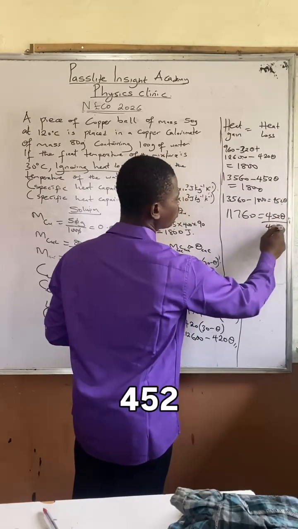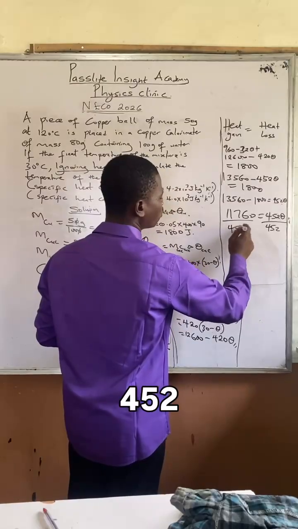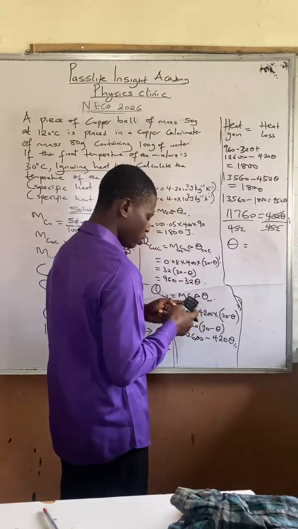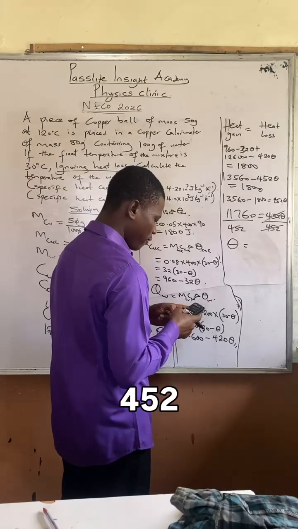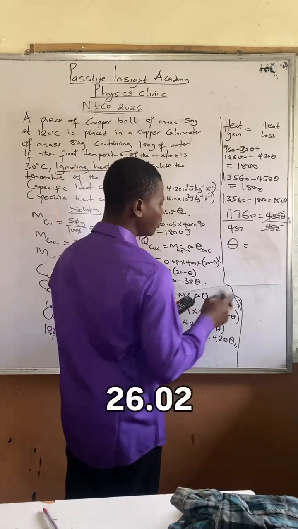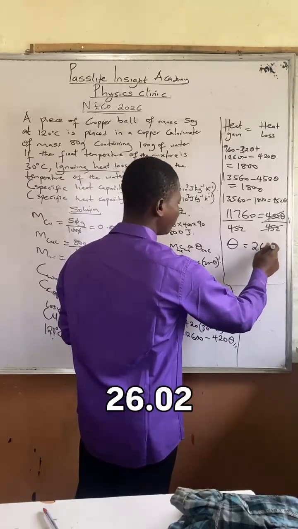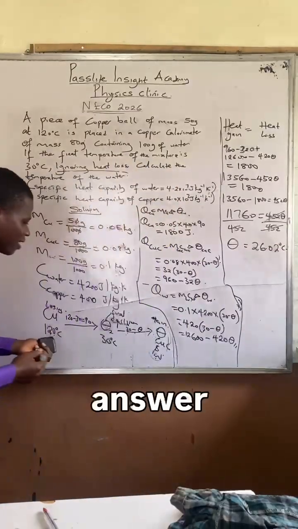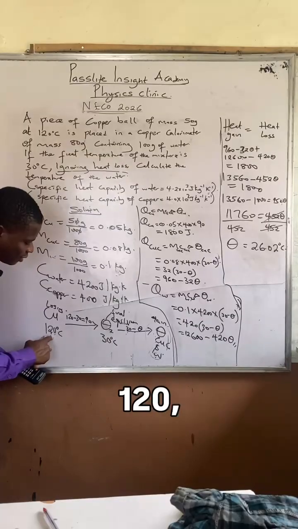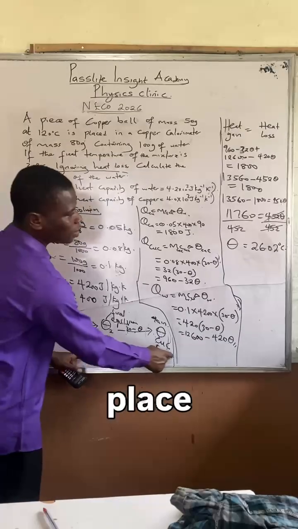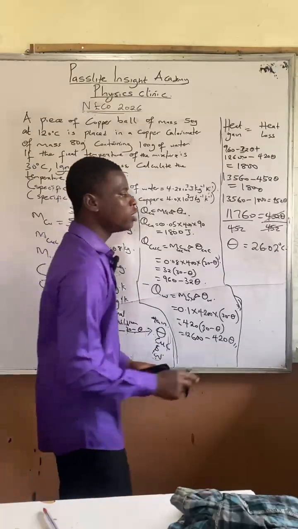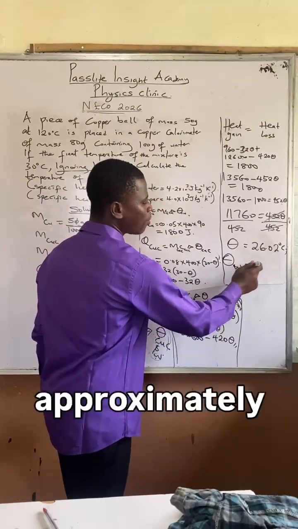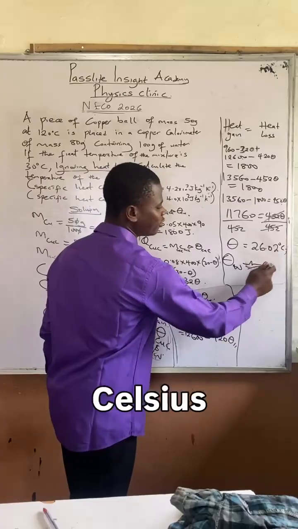Divide by 452, so this cancels this. My theta equals 11,760 divided by 452, which is 26.02 degrees Celsius. If here is 120, this place will be 30, and this place will be 26, so they are going down. So the temperature of the water is approximately 26 degrees Celsius.